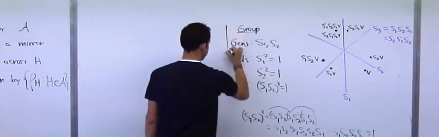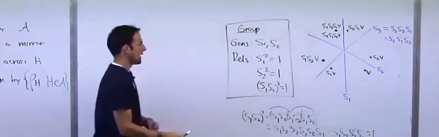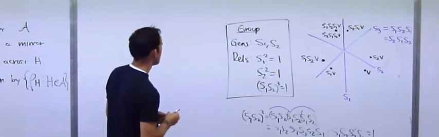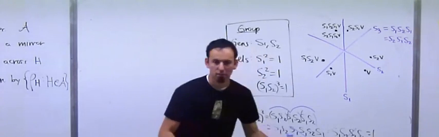So a shorter way of writing this is saying S1, S2 cubed is equal to 1. Okay? And if you think about it a little bit, you're going to see that these are the only relations. Okay? What group is this? You recognize it?